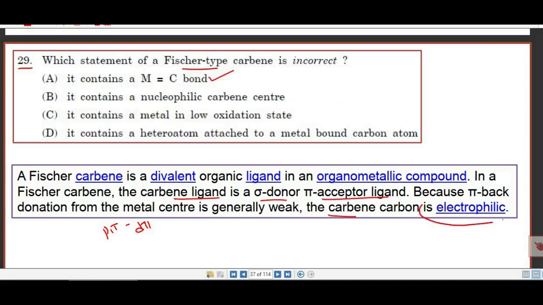The option that it contains a metal in low oxidation state is also correct. It contains a heteroatom attached to the metal-bound carbon, which is also correct. The wrong option says it is a nucleophile. It is not a nucleophile, it is an electrophile. Hence option B is the answer, because they are asking for the incorrect statement.